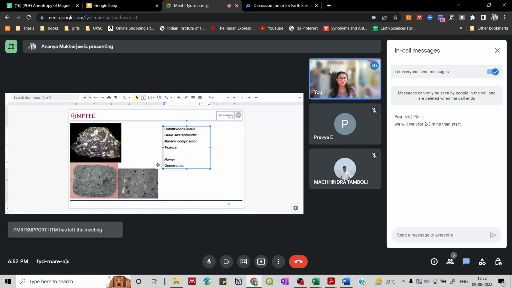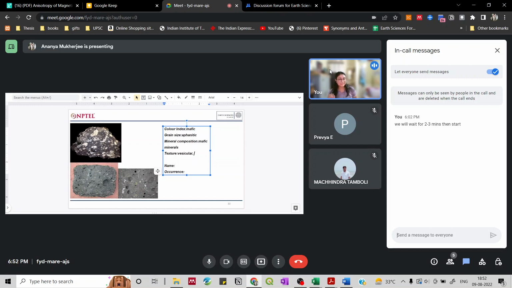The mineral composition over here we can say that these are mafic minerals. That is very low in silica. That is why your dark color comes to these rocks. Okay. So texture now, when there are vesicles present, there is a texture called vesicular texture.